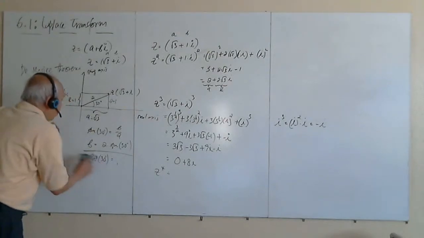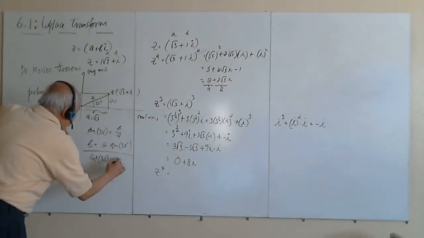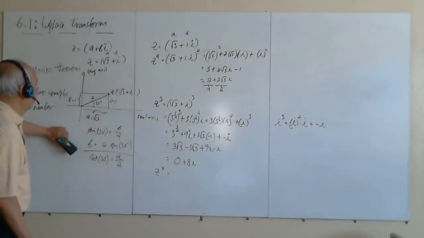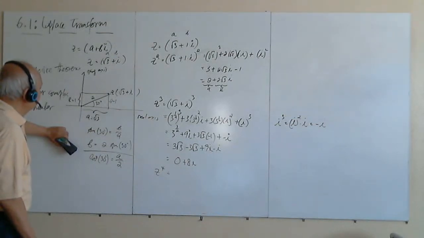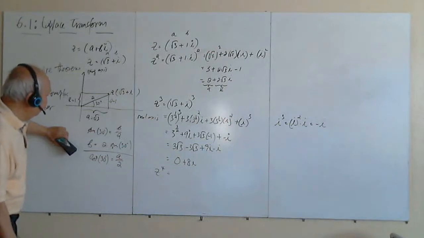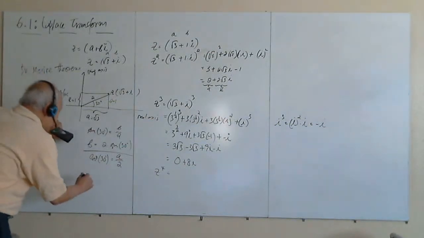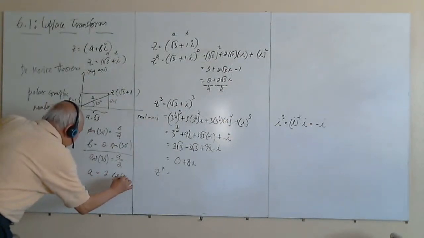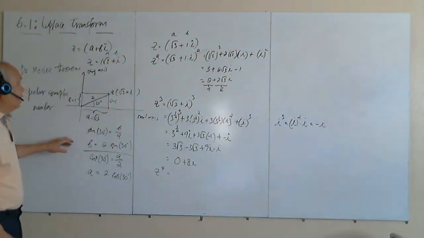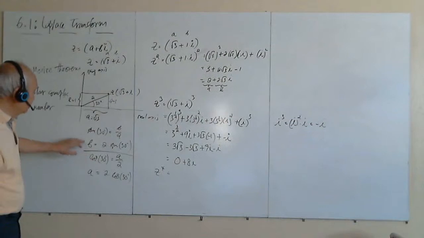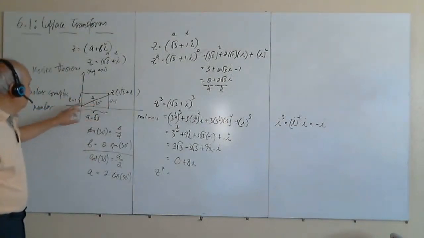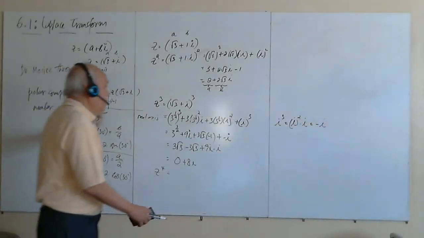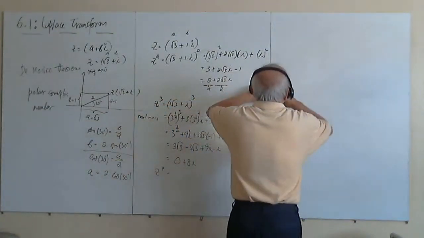Sorry, it's going to be equal to a divided by 2. Am I correct? Yes, a divided by 2. And then you multiply, so I get a equal to 2 cosine 30 degrees. Am I correct? Right. Did you see it? I didn't change anything at all except that I am expressing the a and b here in terms of trigonometry. That's it.